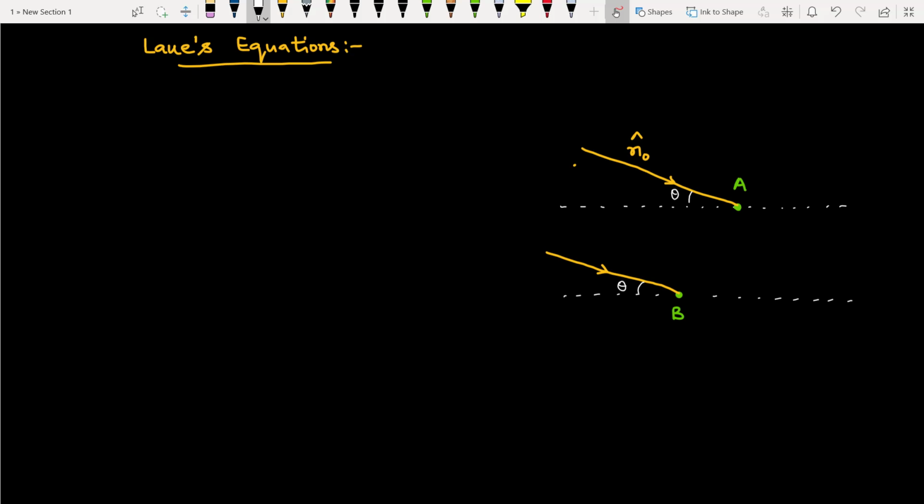and these two rays are reflected according to laws of reflection, and the outgoing directions are represented with a unit vector n cap. So this is an incident beam, this is a scattered beam, reflected beam, or you can say diffracted rays.